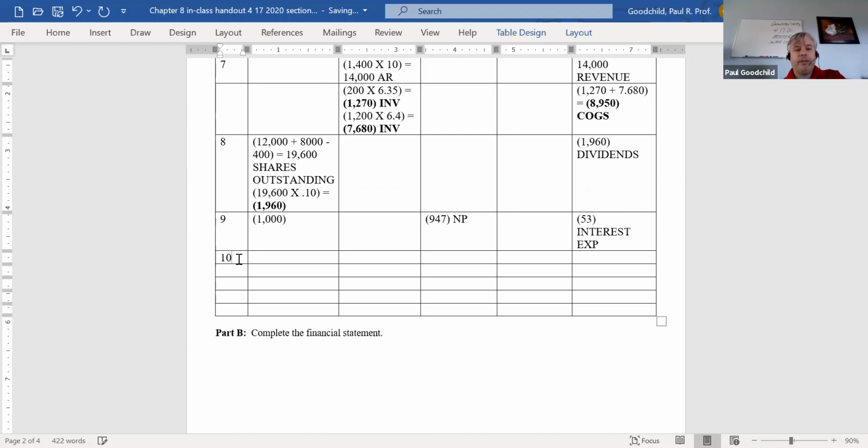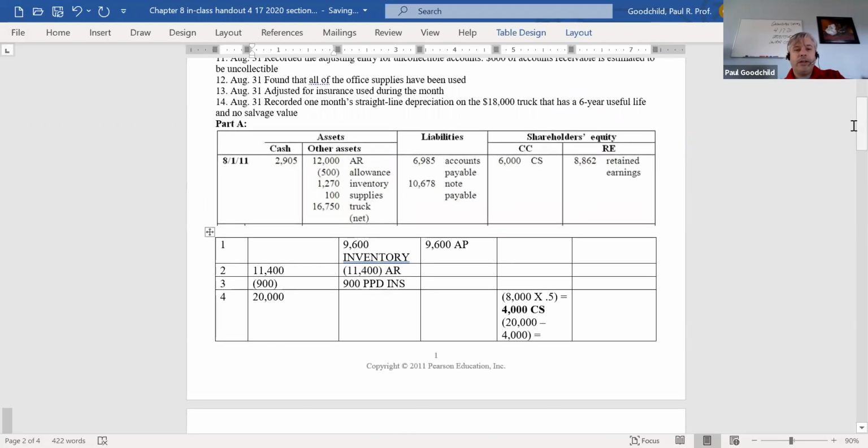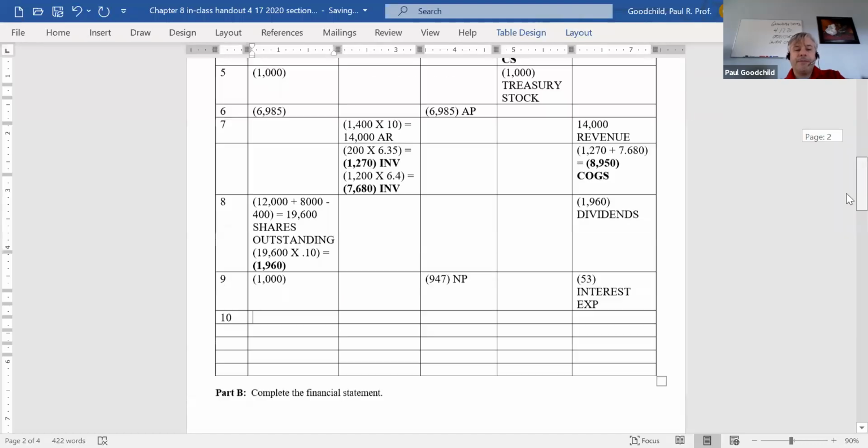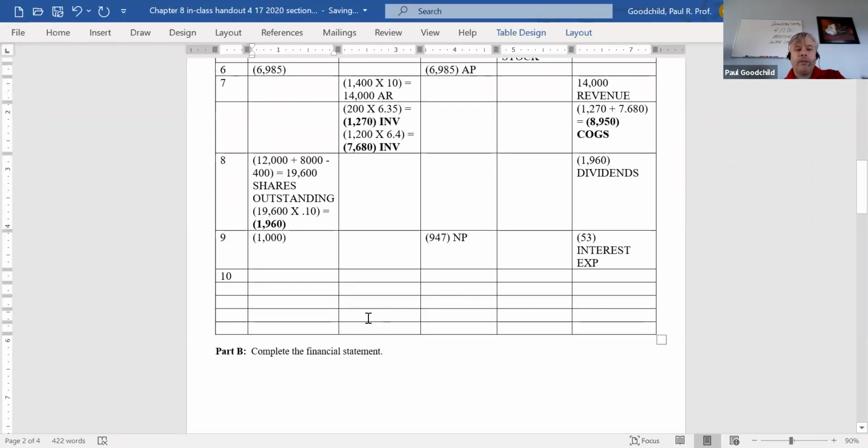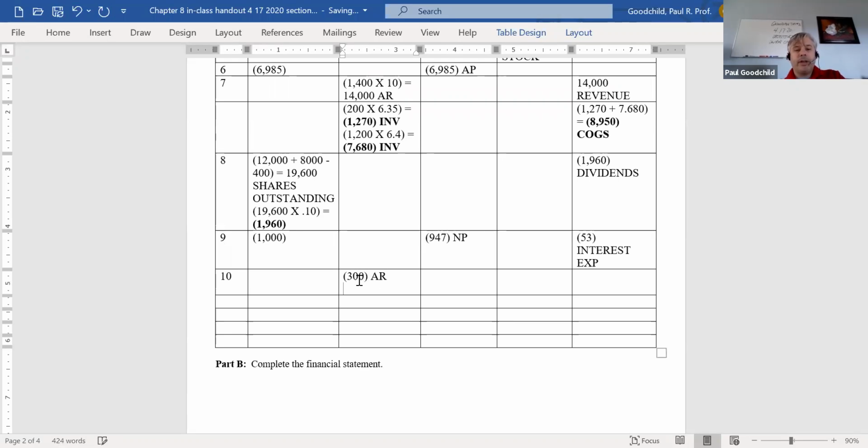So the way number 10 would work, we had a $500 allowance. So we're going to have $300 that directly reduces our accounts receivable, and $300 that reduces our allowance as well.